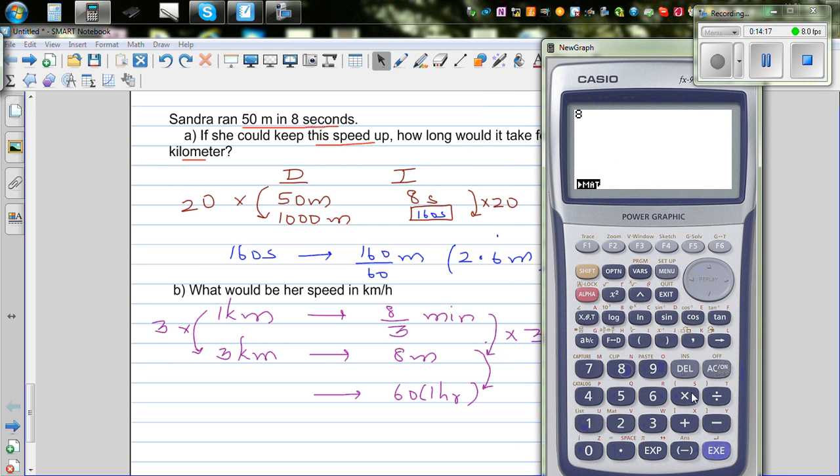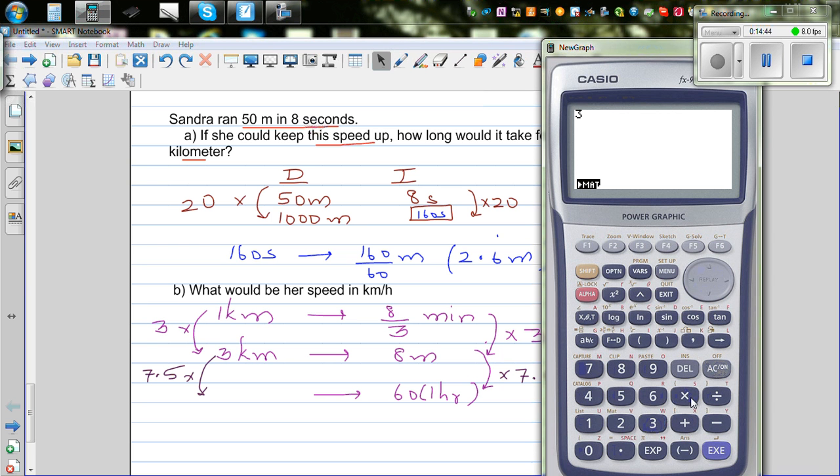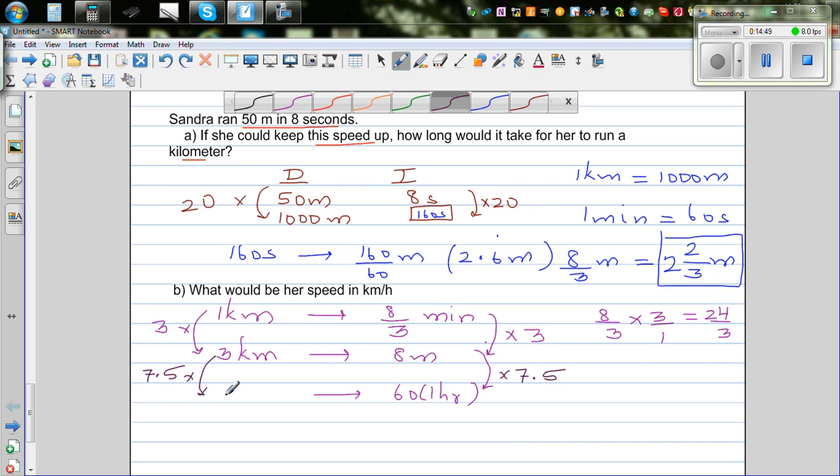Or you can check 8 times 7.5 gives you 60. So this is increasing by 7.5 times. If this is increased by 7.5 times, this also has to increase by 7.5 times. So 3 times 7.5 is 22.5. So she is covering 22.5 kilometers in 1 hour.